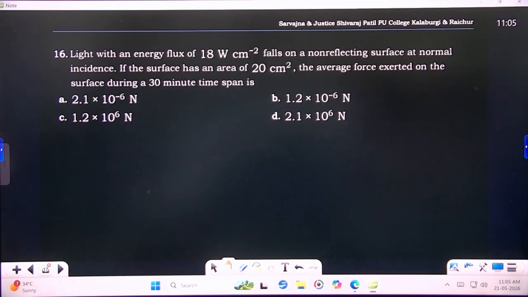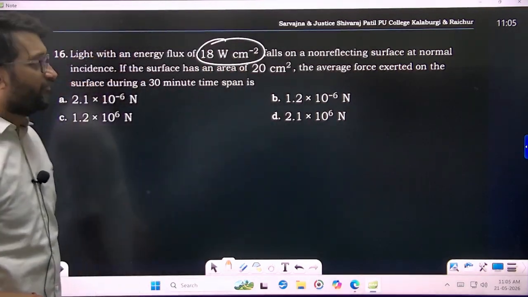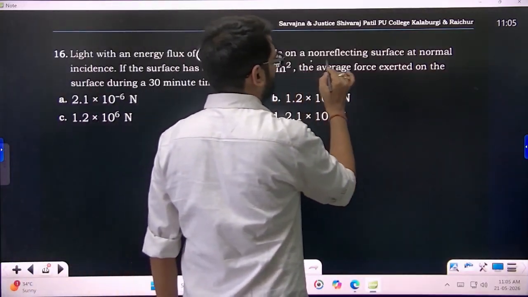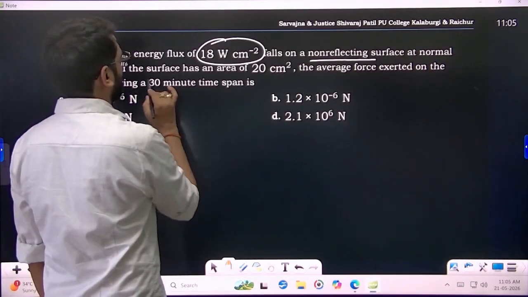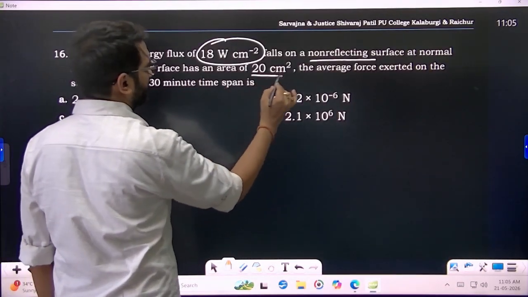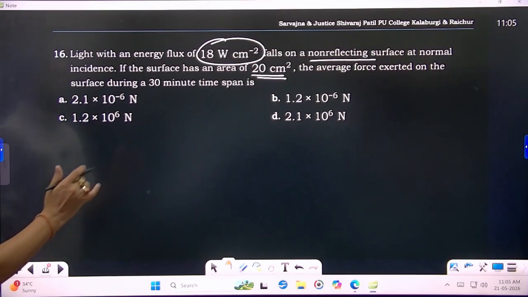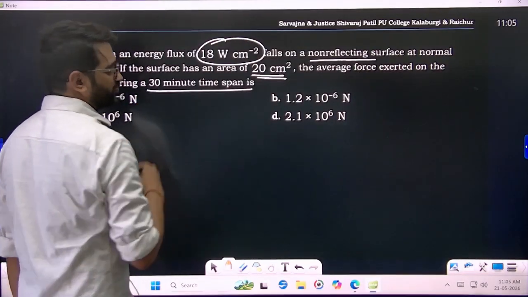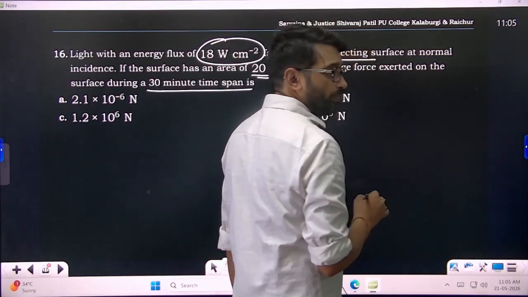Next, light with an energy flux of, that means this is intensity, falls on a non-reflecting surface at normal incidence. If the surface has an area, this is the area, then the average force exerted on the surface during a 30-minute time span is, average force is asked. Force is rate of change of momentum.